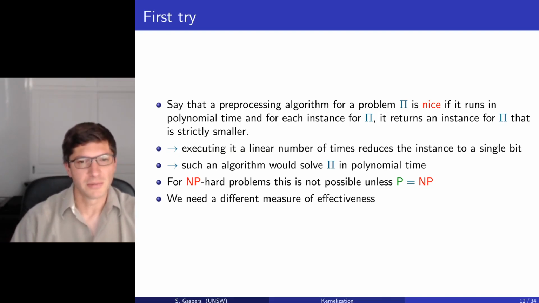But we don't expect that we can do this for NP-hard problems. So this is not possible unless P equals NP. Therefore now we need a different measure of effectiveness.